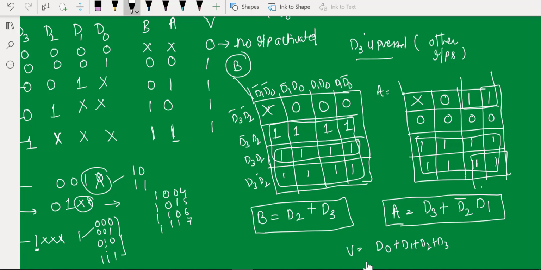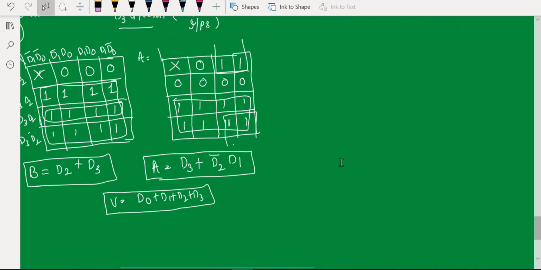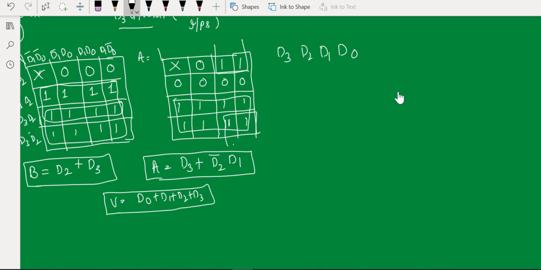So now I am going to construct a circuit with a priority. So now we got our outputs. Now we'll try to draw the circuit by taking D0, D1, D2 and D3. Now let's take one OR gate for A, one OR gate for B, and one OR gate for valid.